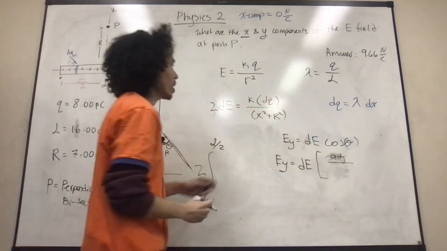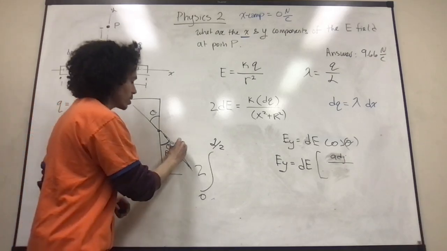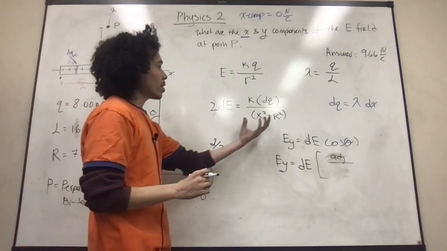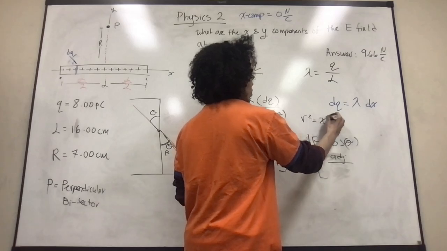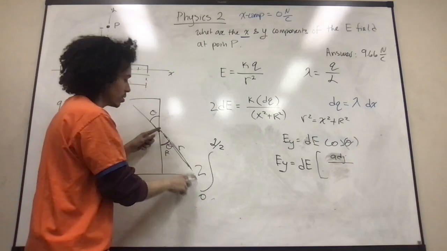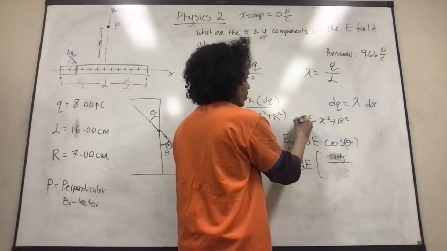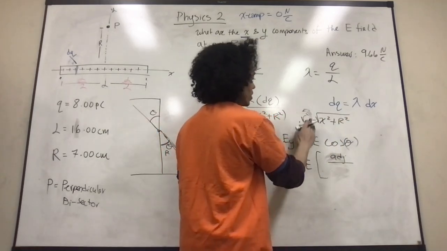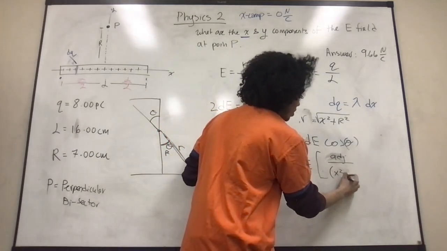Now for the hypotenuse, because the hypotenuse is essentially asking for just r, we had figured out the equation here, which was r squared is equal to x squared plus r squared. But because we just want the hypotenuse, we have to take the square root over here, so we could then just have r by itself, and then we just have the square root of x squared plus r squared.